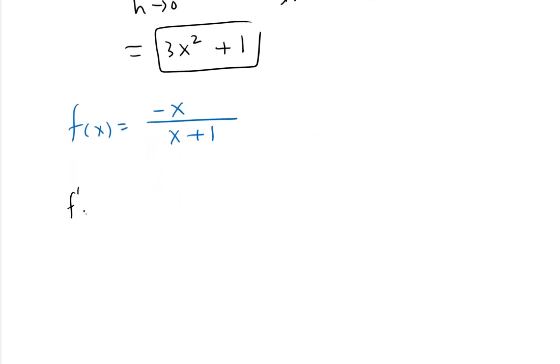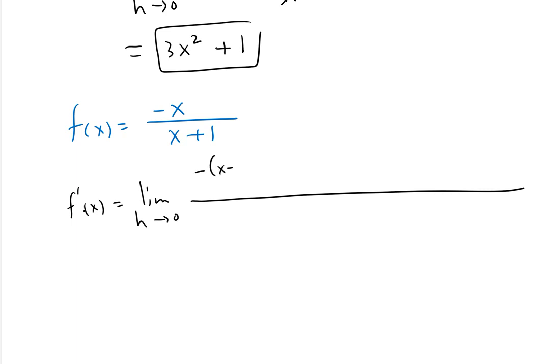F prime of x, again, it's the limit as h goes to 0 of f of x plus h. So we replace every x with x plus h, minus negative x over x plus 1, the function itself, all over h.